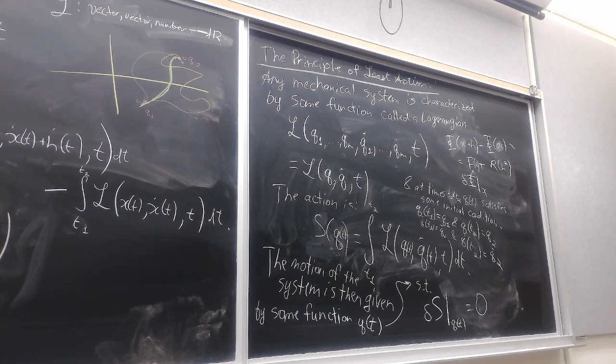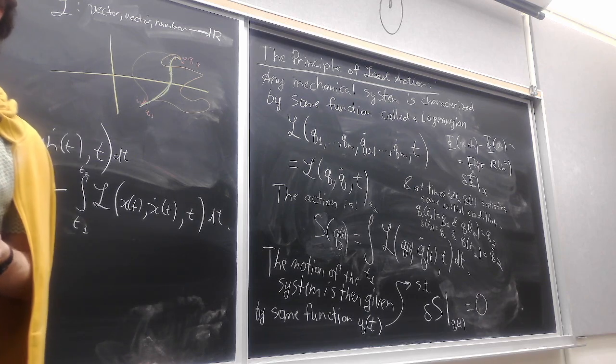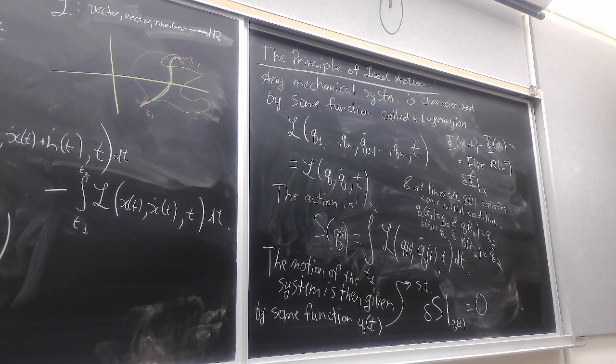In fact, that is true. You can write down Lagrangians very easily which actually have infinitely many paths that satisfy this condition. I'll give you an example of such a Lagrangian, maybe next time. But do people see this setup?